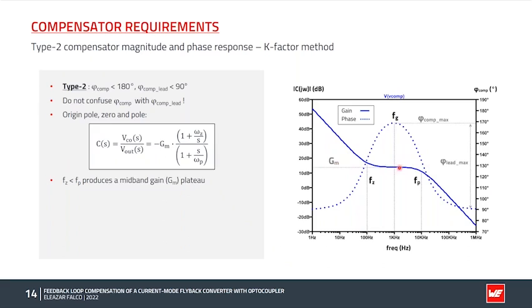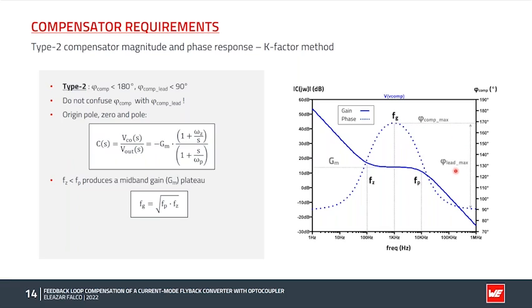The frequency at the center of the plateau is the geometric mean of the zero and the pole, and we will call this frequency Fg, which is calculated with the expression shown here. Note how right at the center of the plateau, at the frequency Fg, the compensator also provides the maximum phase lead.